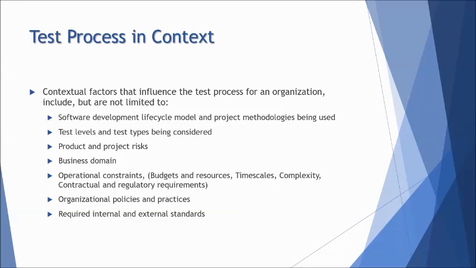The business domain you're testing is another thing to be taken into consideration for the test process to be more effective. There are certain operational constraints, like how much budget you have, what resources you have, what timeline is allocated to you, what kind of complexity is involved, and contractual and regulatory requirements. There are several other operational constraints which could be included as testing influences.